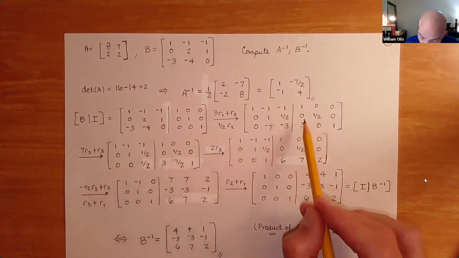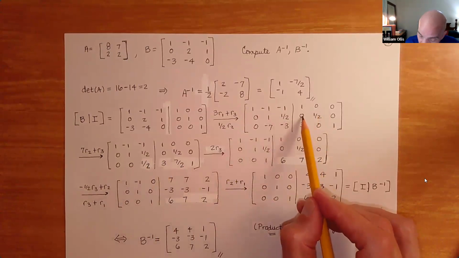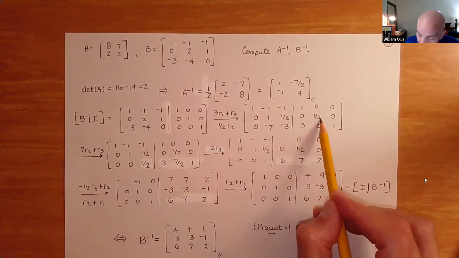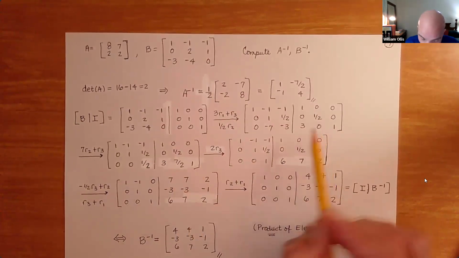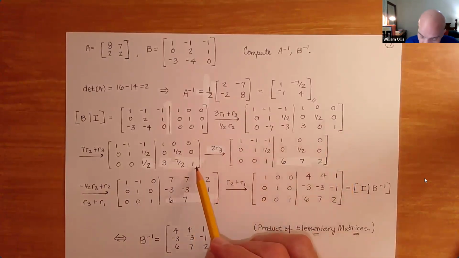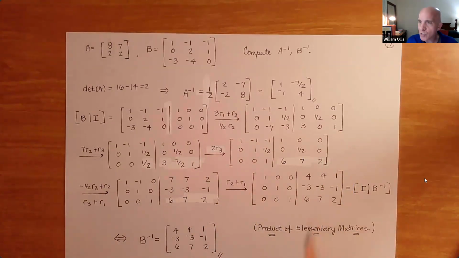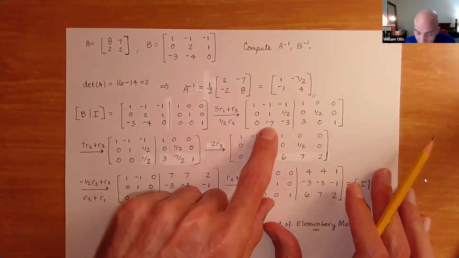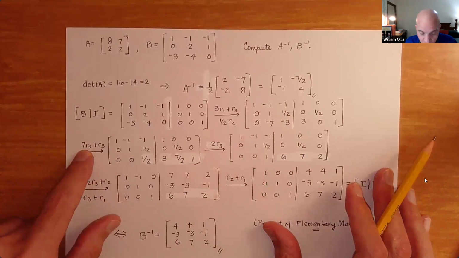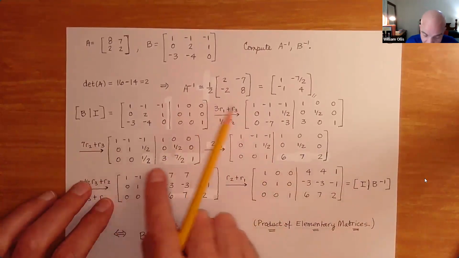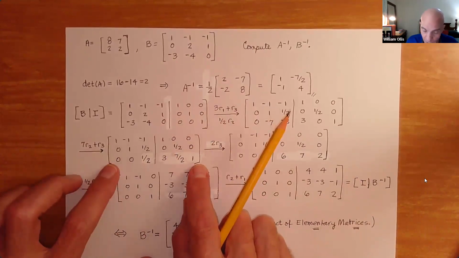Now let's just keep going. The 0 here doesn't change, so we multiply by 7, we still have the 3, but 7 times the 1/2 gives us a 7/2 plus 0 is the 7/2, and of course the 0 doesn't change the 1. So again, just remember, we want to create the 0 here, so we multiply row 2 by 7, and we add to row 3, and now we've got the new row 3 here.